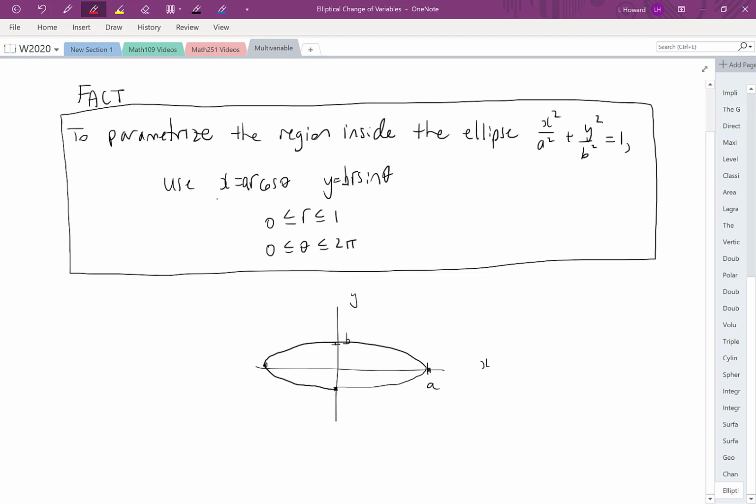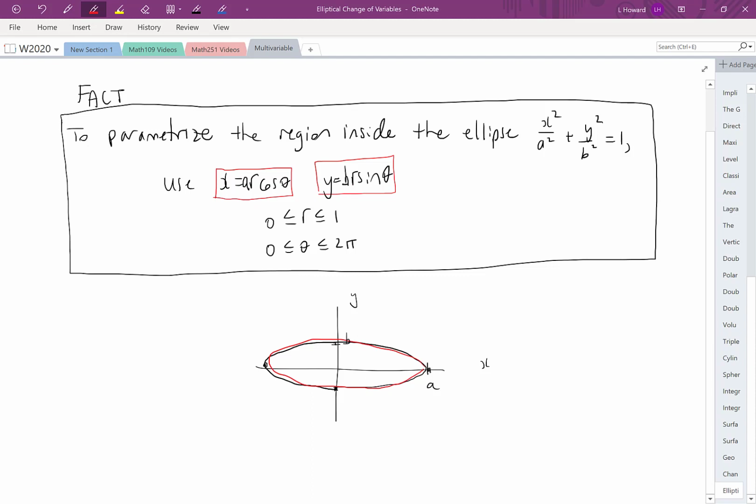So the idea is that if we use x equals ar cos theta and y equals br sine theta, and we let theta range from 0 to 2 pi, then certainly we'll be traveling all the way around this ellipse. And by letting the r values range from 0 to 1, you can see that these coefficients are going to range between 0 and a for the x value and 0 and b for the y value.